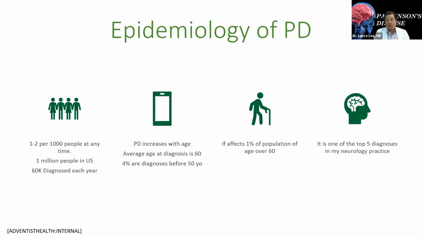About 1% of the population over age 60 is affected by Parkinson's disease. In my practice, it is probably one of the top 5 diagnoses that I make, so it's a very frequent encounter in my practice.